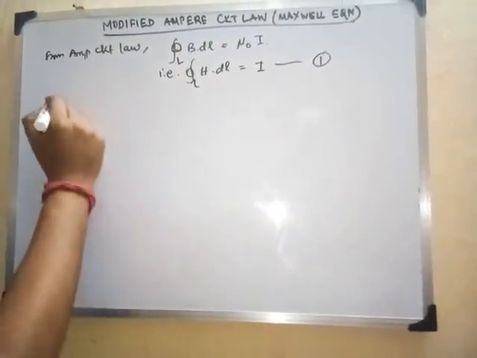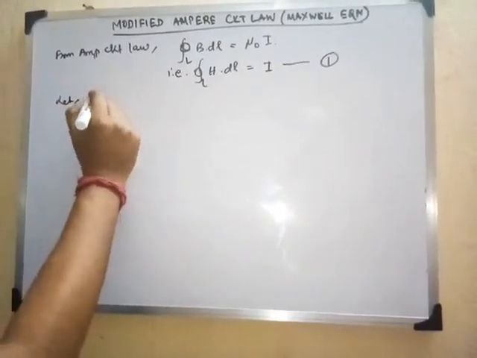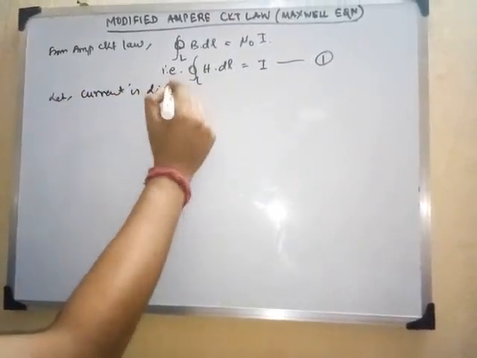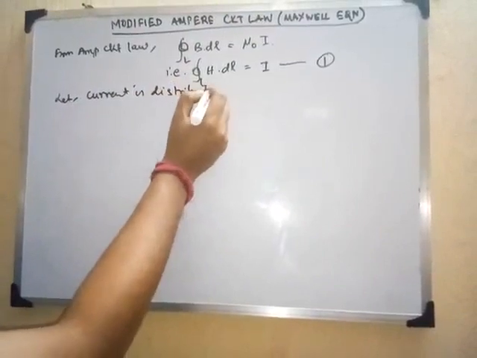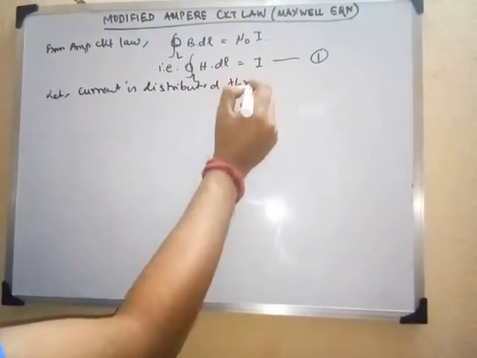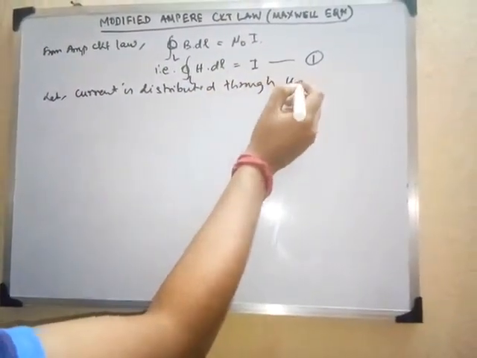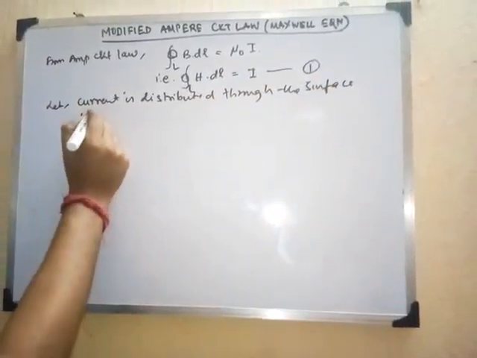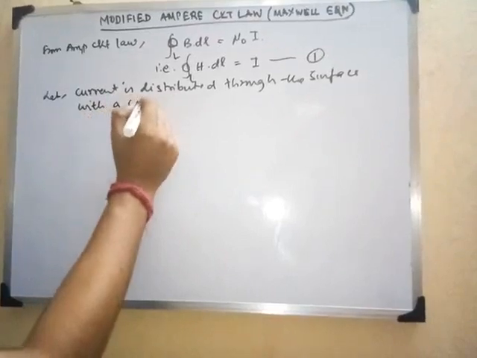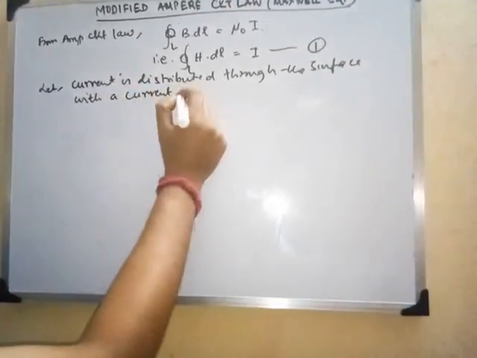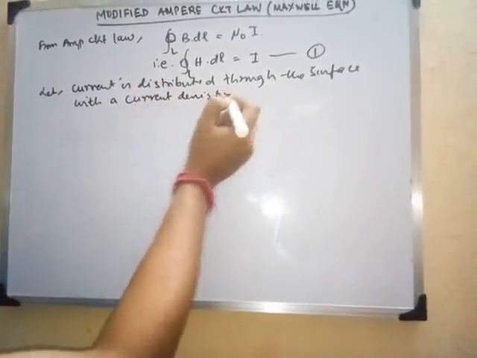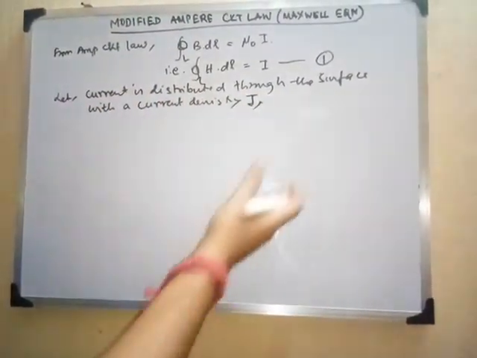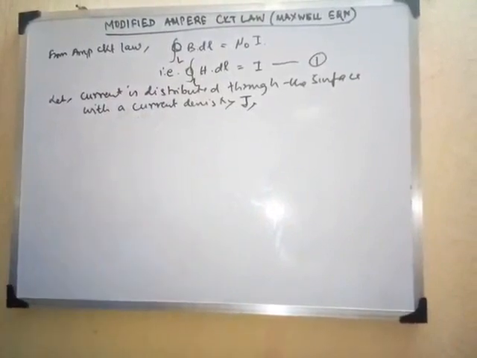Now let us consider that some current is distributed through the surface with current density J, right? This J term we have also discussed in our previous class, where we discussed the Ampere circuit law.